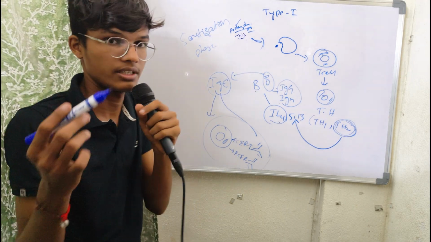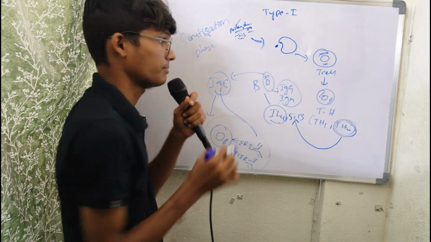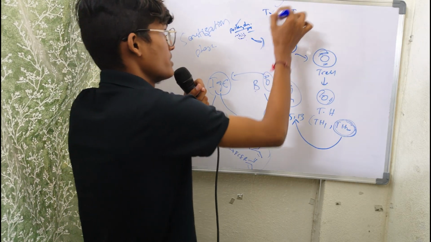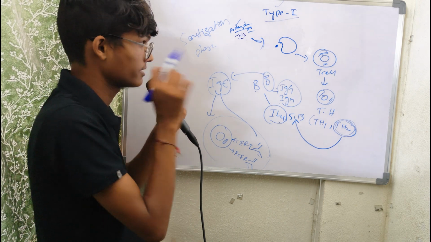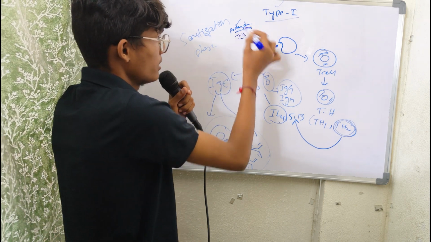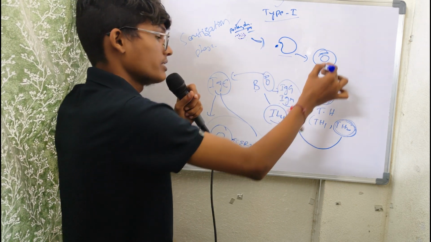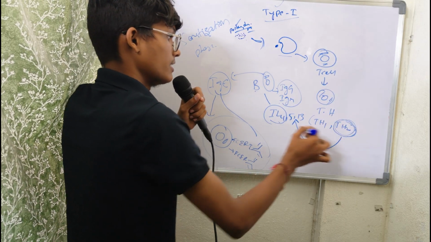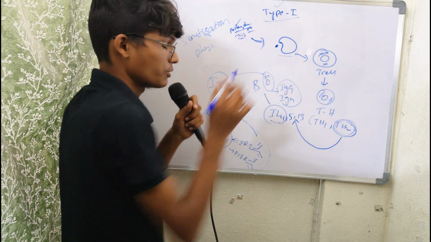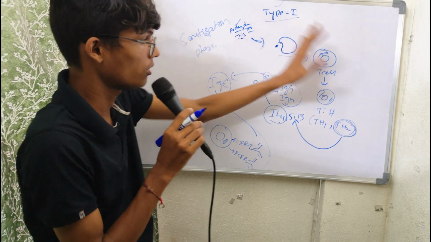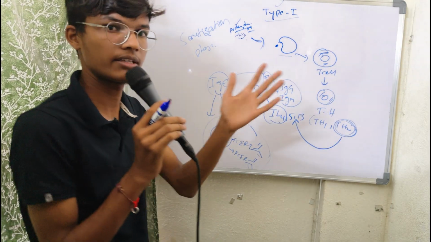See, you may get the doubt why in the first step type 1 hypersensitivity reaction is not seen. What actually happens is the pollen should be taken up by macrophage and T cell, TH cell, then interleukin should be produced, then the B cell should be stimulated. For all this process to happen, it will take much time.